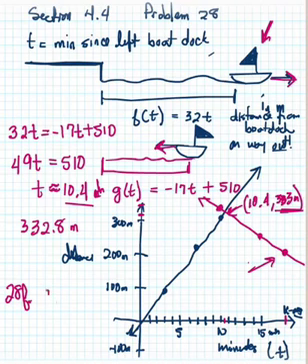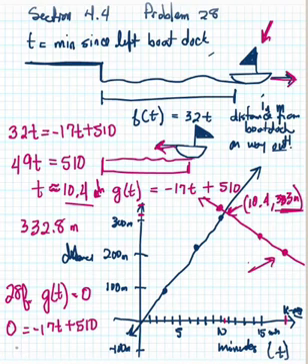It's actually going to be when g of t equals 0. So let's find when g of t equals 0. 0 is equal to negative 17t plus 510, right? So 17t equals 510. And so t is going to equal 510 divided by 17.